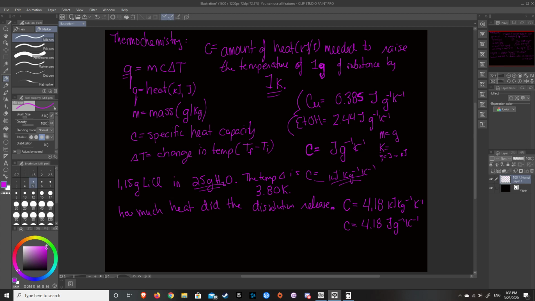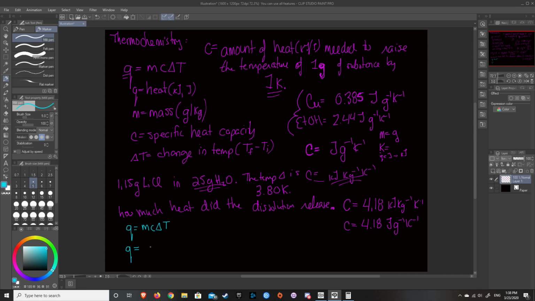So if we were to calculate this, let me change colors. I just realized I didn't change them at all in this. You write out your equation first. Q is equal to mc delta T. So Q is equal to the mass of what's going to change temperature, right? The lithium chloride is not going to change temperature, but the solution is going to change temperature.